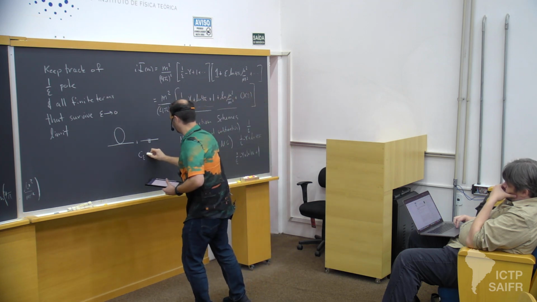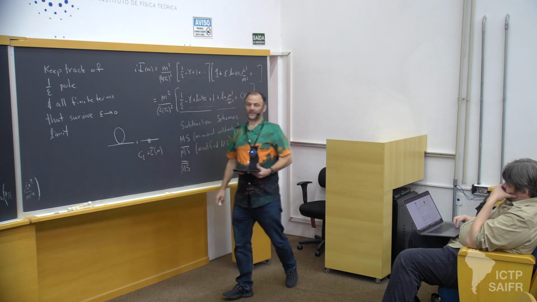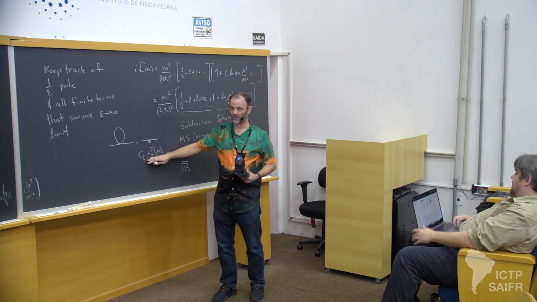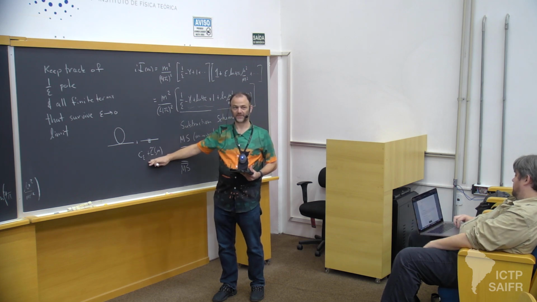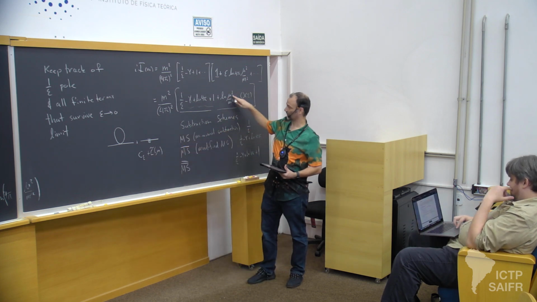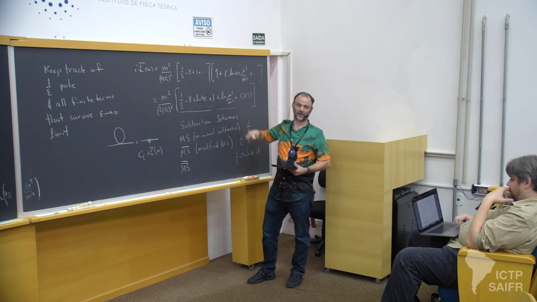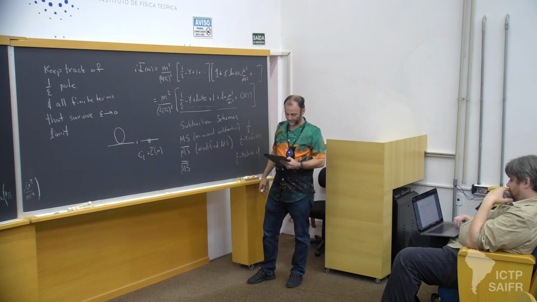And then there's also going to be a C tilde of mu, such that the mu dependence in this C tilde is designed to exactly cancel the mu dependence that appears in the loops, because we need a mu independent answer for any observable quantity.